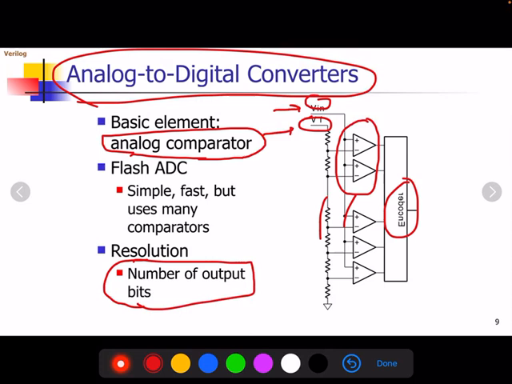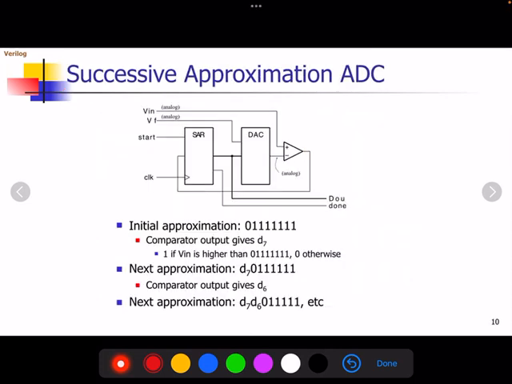Let us understand one type of ADC, that is the successive approximation type ADC. Again, this is a device which is going to help us process the real world data or signal, converting it into a digital signal. Real world signals are like temperature, humidity, pressure, right? All this comes under real world signals.